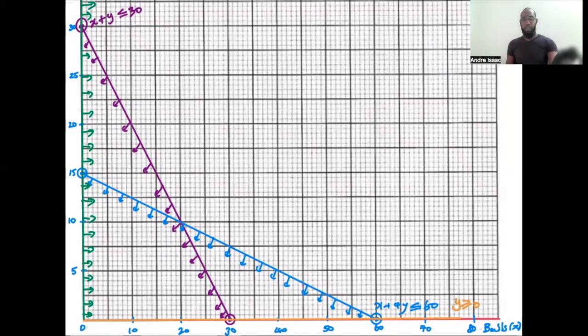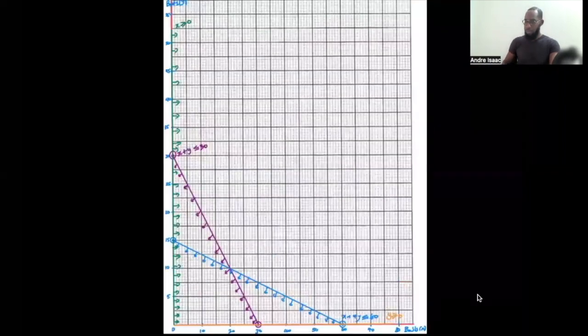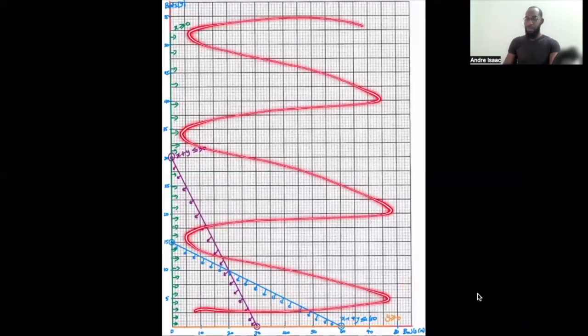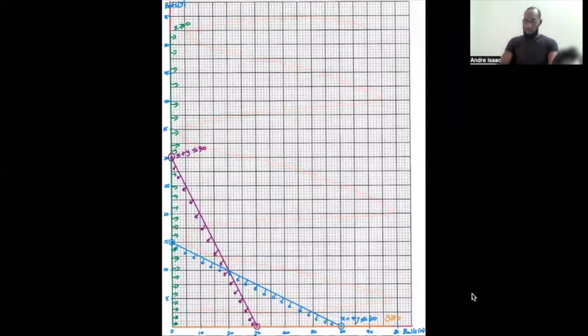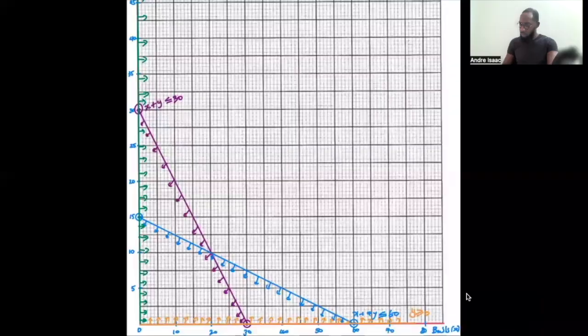You'll get more clarification on that. Y more than or equal to 0 will be everything above, right? More than or equal to 0 is everything above. Nice. So in order to show that, you put your arrows. Right. Y is more than or equal to 0.